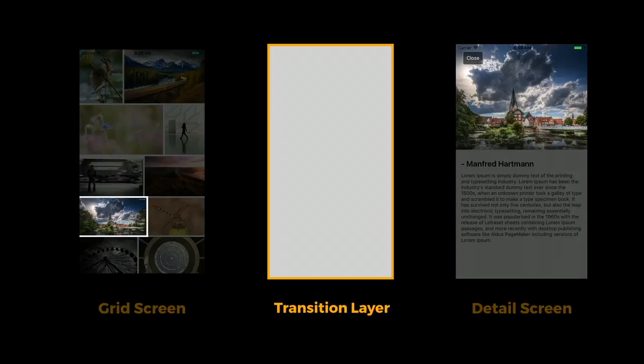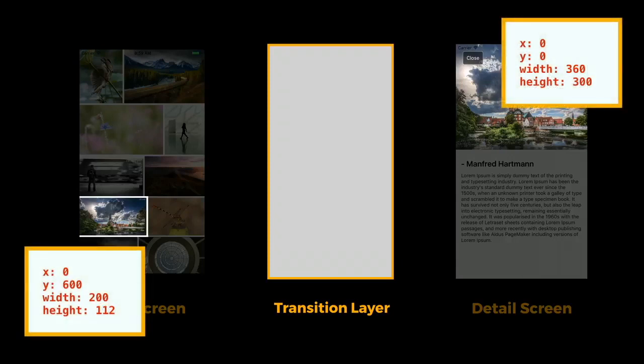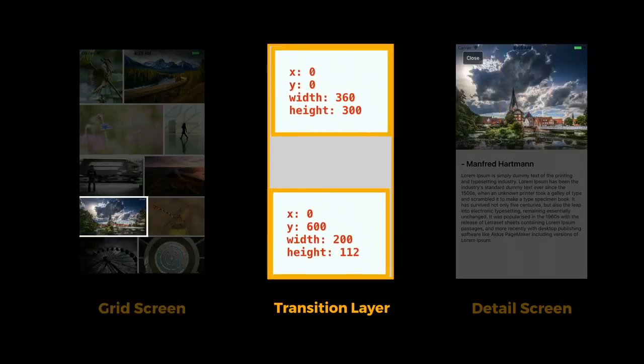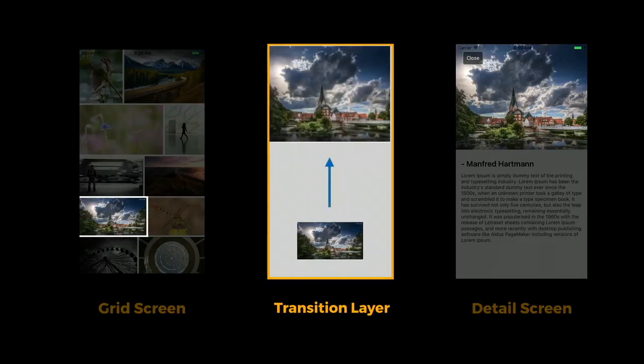When I click on a particular thing, the transition layer needs to know which image and what size and position it has. I will know in the grid screen what the size and position were, and in the detail screen I'll pass them to the transition layer, and in the transition layer I will animate from the given actual size to the destination image. So this is the whole concept which I'm going to be doing.